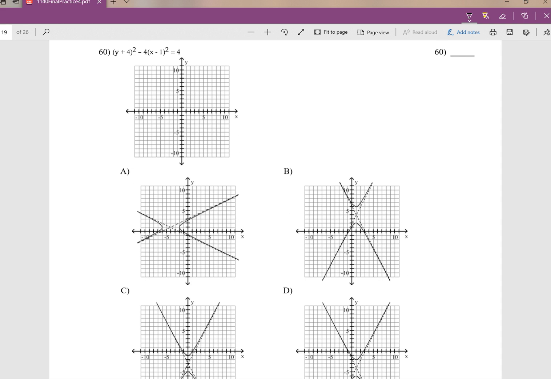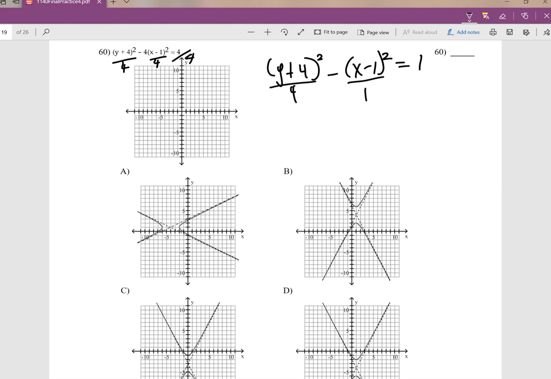Alright, for number 60, in this case, your answer choice is dependent on how we solve this. So we're going to have to divide this by 4, divide by 4, divide by 4. So you end up with y plus 4 squared over 4 minus x minus 1 squared over 1 equal to 1. Okay, so at this point we evaluate the center.